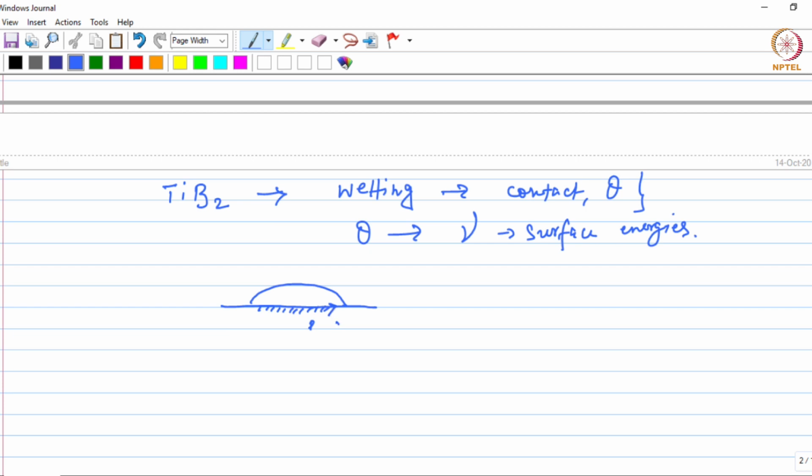So this is the solid particle interfacial energy that you have, because this is the solid over here, and this one is the liquid particle interfacial energy.